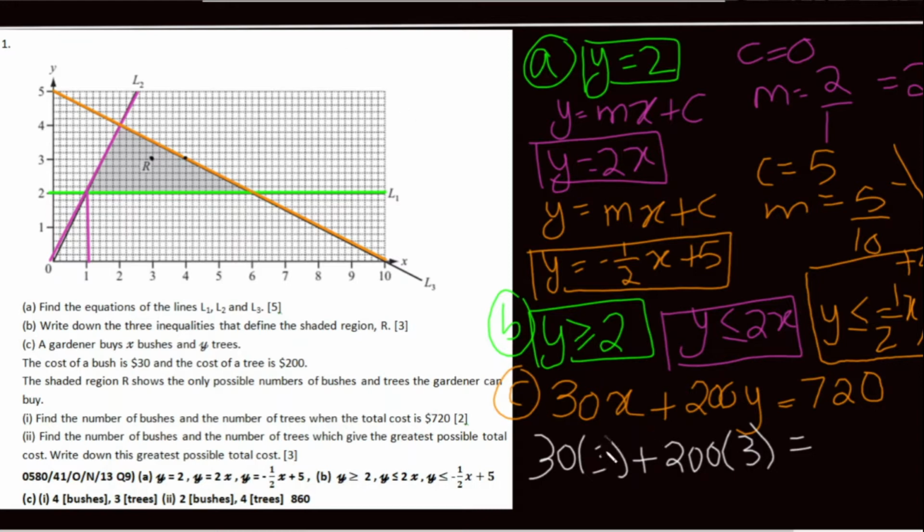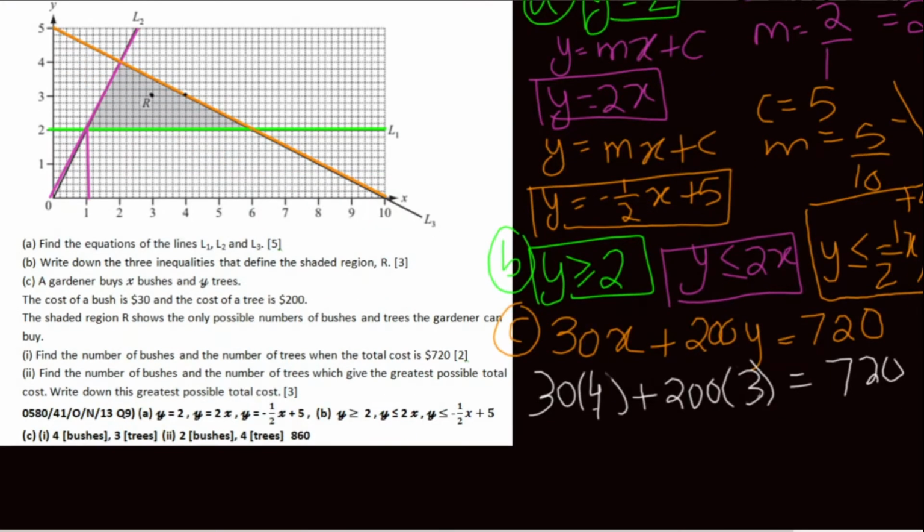Let me enter that here, 4 here and 3 here. So 30 times 4 plus 200 times 3 is giving me exactly 720. So that means the number of bushes is 4 and the number of trees is 3.